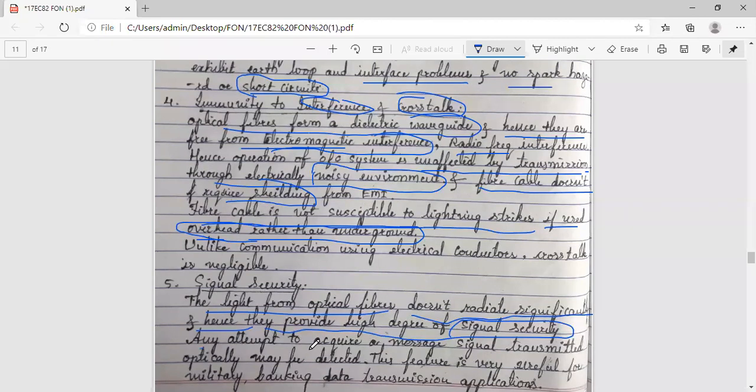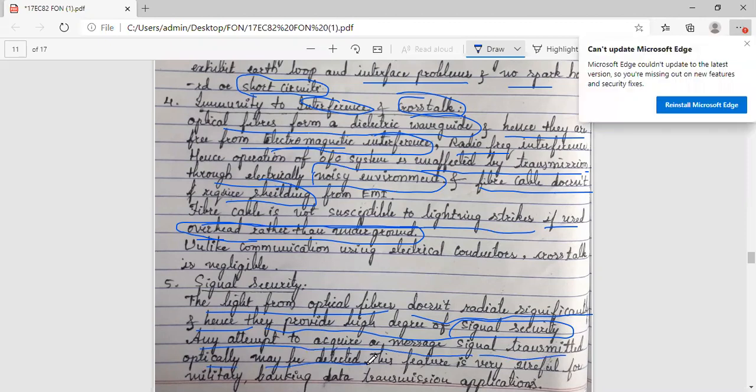Any attempt to tap the message signal transmitted over optical fibers can be detected very easily, it seems. Even I don't know the mechanism behind how they detect it. If anybody tries to take the information illegally, it can be detected easily.